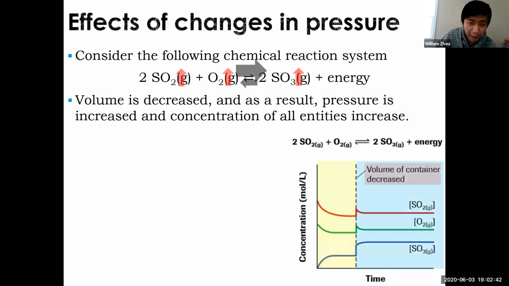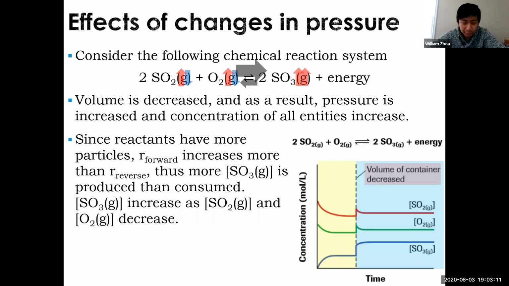The forward reaction will increase more than the reverse reaction because the forward reaction will experience a greater increase in pressure. You see what I mean? Therefore, you will favor the product side, the side with less gas. Products will increase.